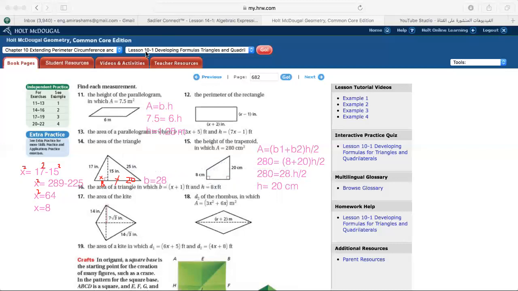So when I want to calculate the area of the triangle, I will write area is equal to half multiplied by base multiplied by height, which is equal to half multiplied by 28 multiplied by 15, which is equal to 210 inch squared. And don't forget to write inch squared. Don't forget, please, girls, to put the square exponent.